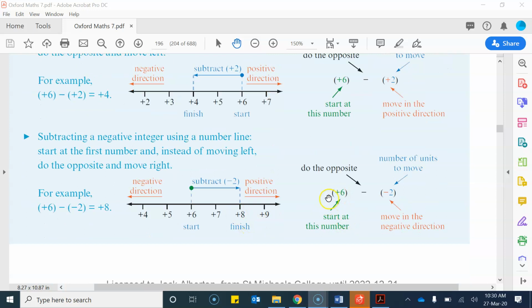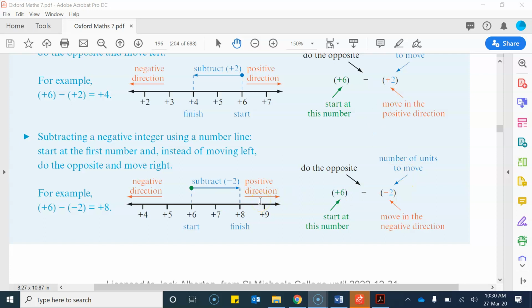Now, this one's an interesting one. So now we've got positive 6 minus negative 2. So we're subtracting a negative. So again, we start at the first number, which was positive 6. Now, when we go minus negative 2, rather than moving to the left, like we did when we subtracted positive 2, guess what happens? We actually do the opposite and we move back to the right again.